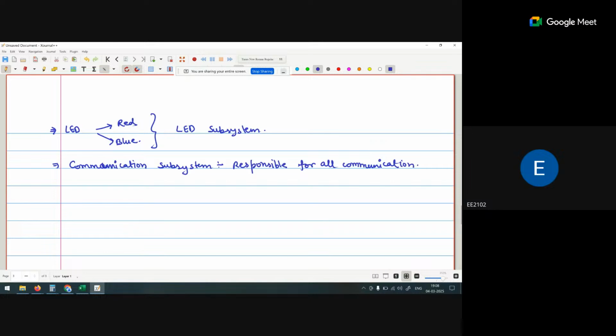Which type of communication will be done if you are talking about Bluetooth earbuds or a Bluetooth headphone?